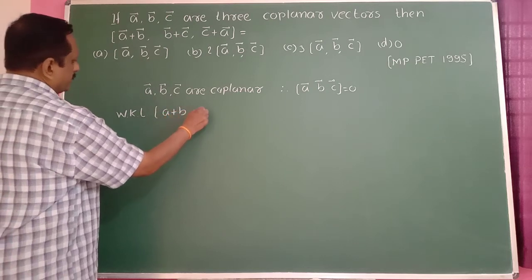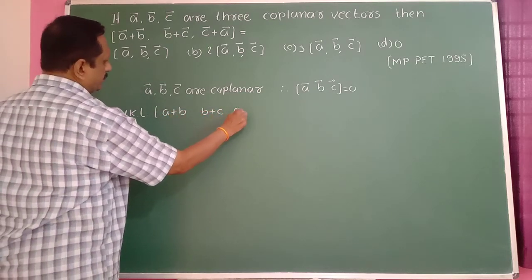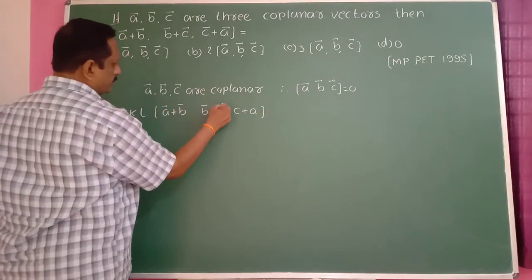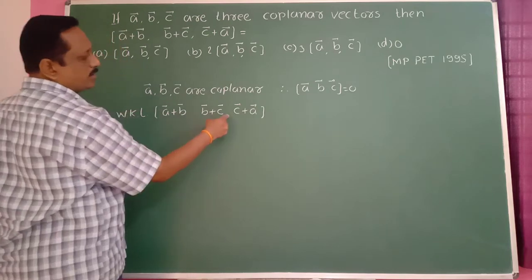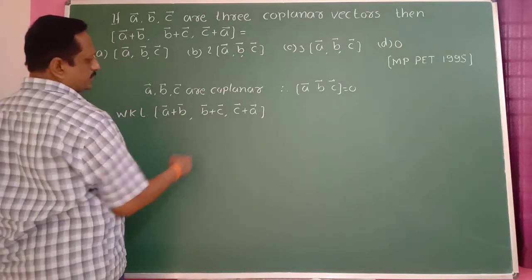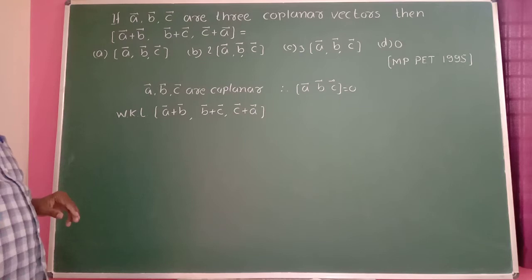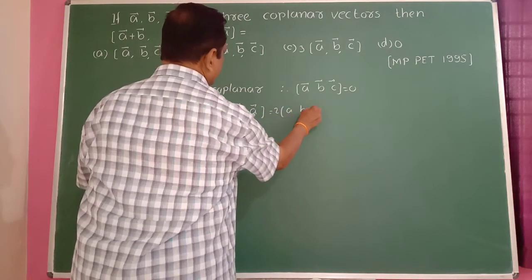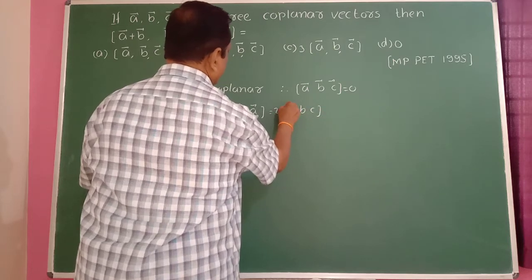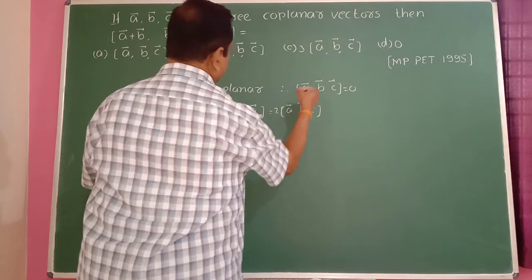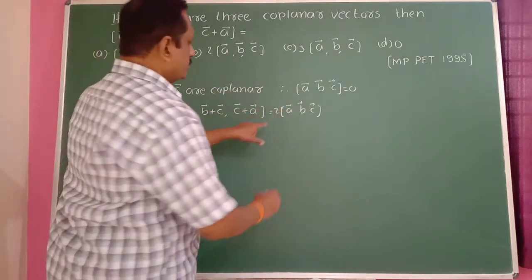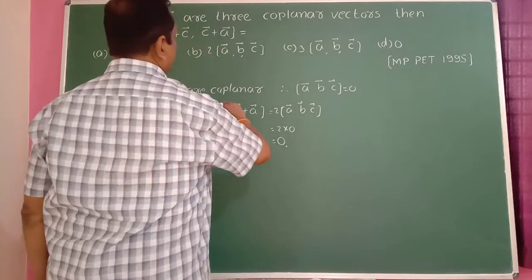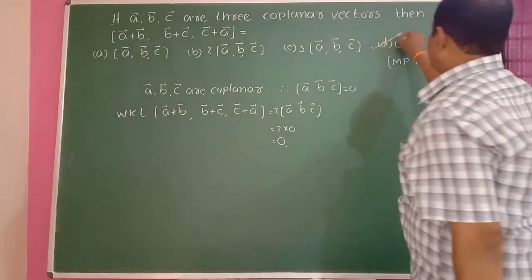From the previous example, we know that this is equal to 2 times the scalar triple product [a bar, b bar, c bar], which is 0. Sometimes they use commas, otherwise they write it like this; in both cases it represents the scalar triple product. So 2 into 0 is equal to 0. Therefore D is the correct option.